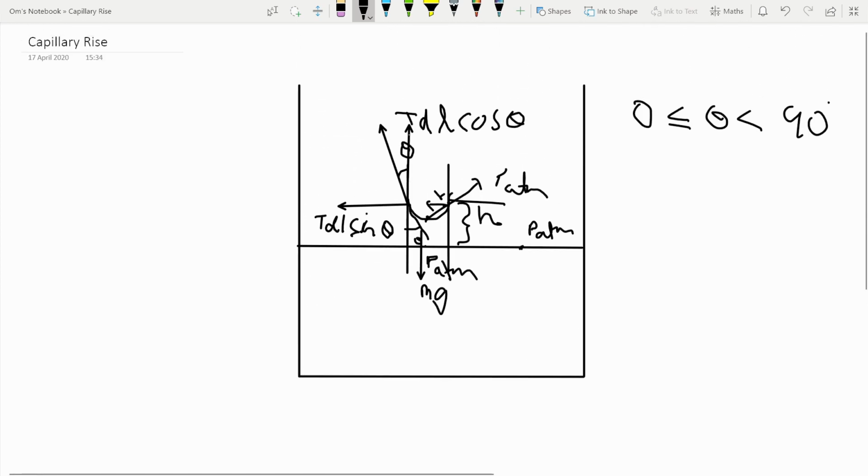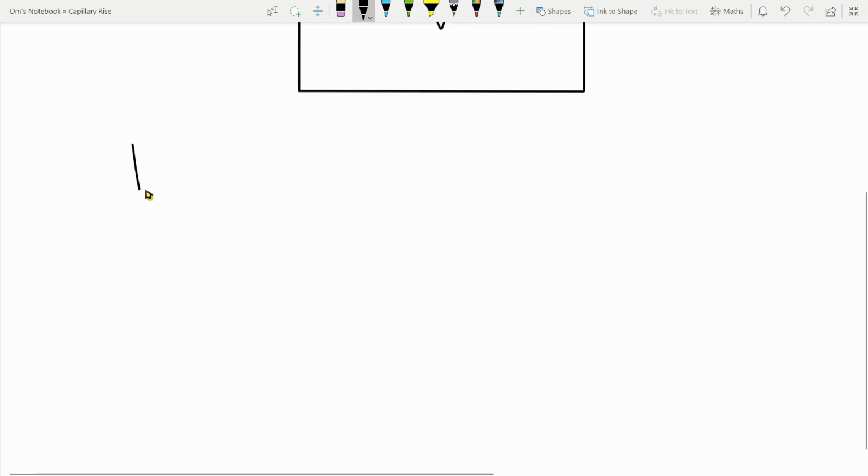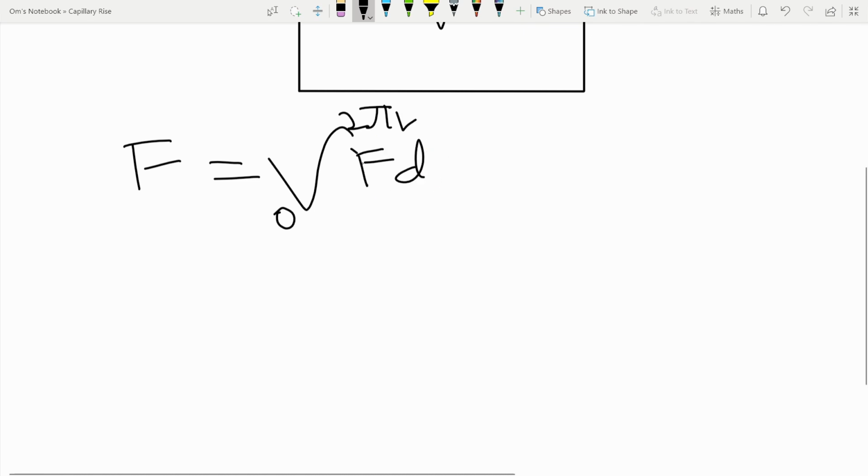In order to find the total force, we say F is equal to the integral of T dl cos theta.